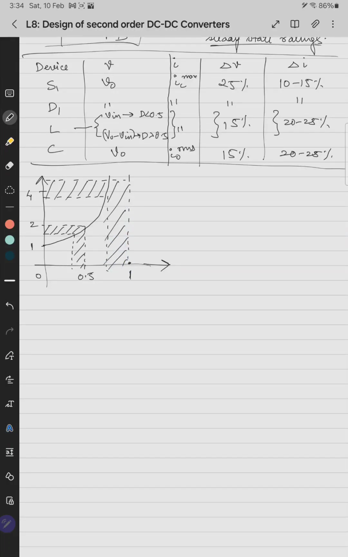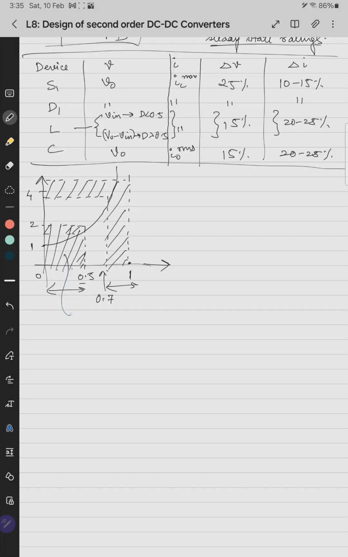This is one. So let's say this is around 0.7. So 0.7 to 1 and almost 0.4 to 0.35, 0.3 to, oh sorry, that is some mistake. It is 0 to 0.5 and 0.7 to 1. This is the preferred range of operation.